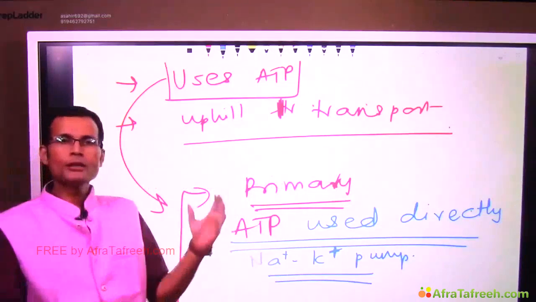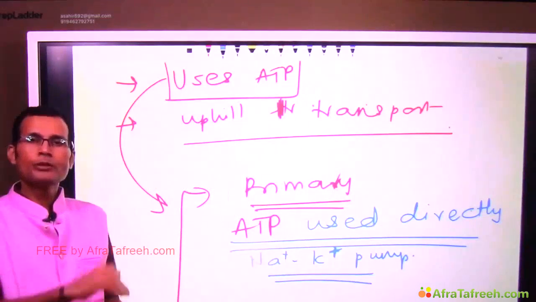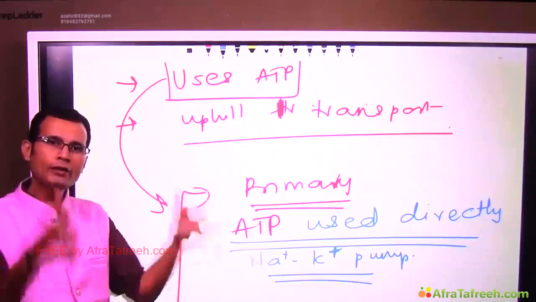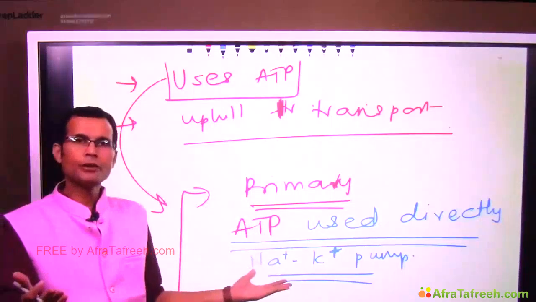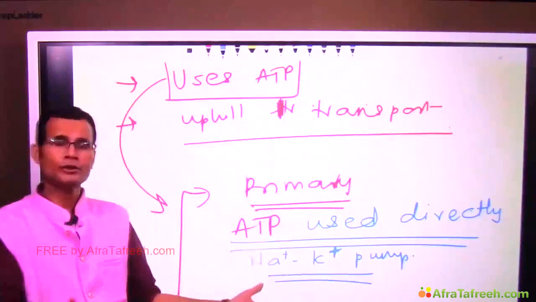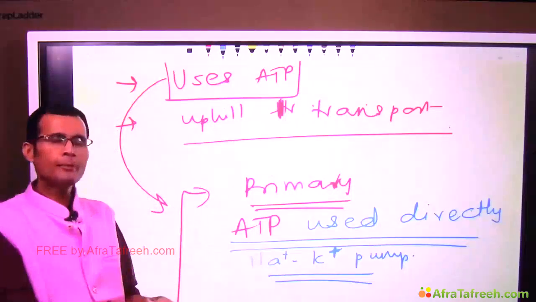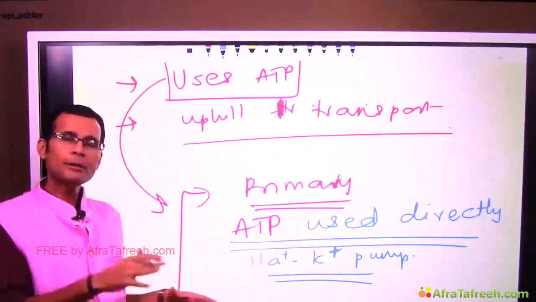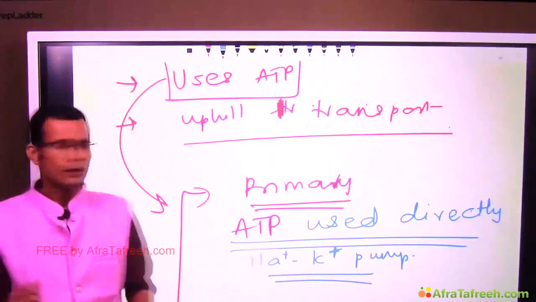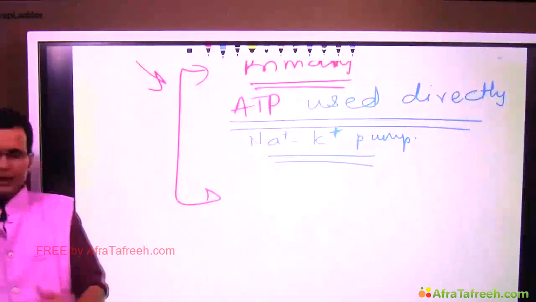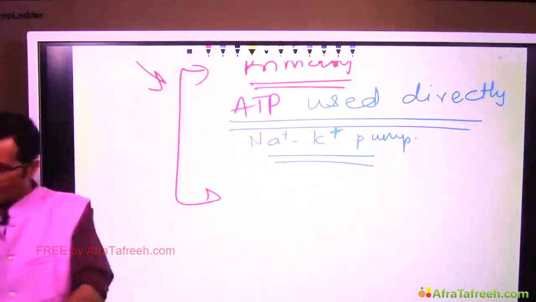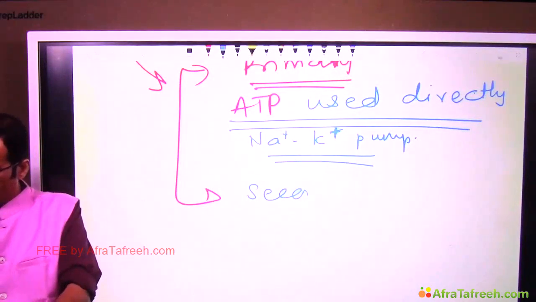Sodium is bound, potassium is bound, ATP is bound. ATP is broken down and then sodium and potassium will be transported from their low to their high concentrations. So ATP was used directly, I mean to the same protein, ATP was bound and broken. When ATP is used indirectly, then it will be called secondary active transport.